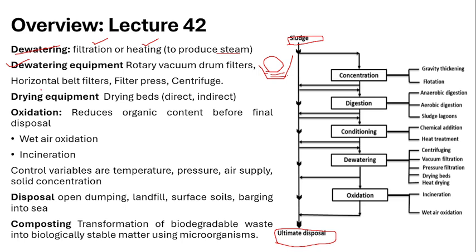Next is the horizontal belt filter. So it is going to have a filter, belt filter. So the sludge will be passed from one end to the other end. So here the waste sludge will be removed as cake. So in the case of filter press, we have different frames, so through each frame, the sludge matter will pass through, and the cakes will be produced in the filter, and the clear water will be separated.